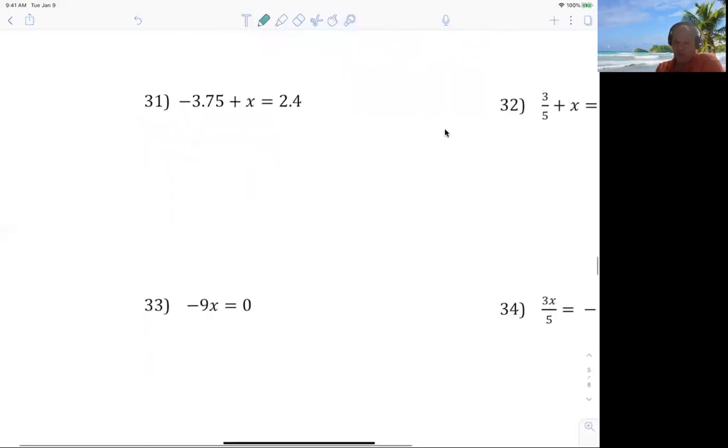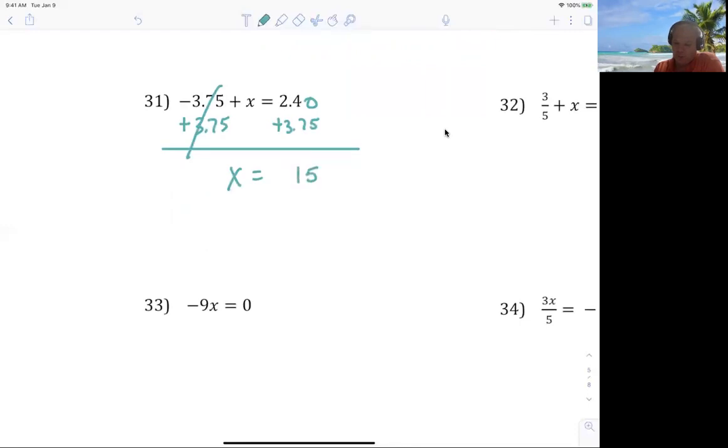Over here, number 31, add 3.75, add 3.75, cancels, x equals 5, 1, carry the 1, 7.15. Notice no calculator so far. All right, basic numbers. You can do this.